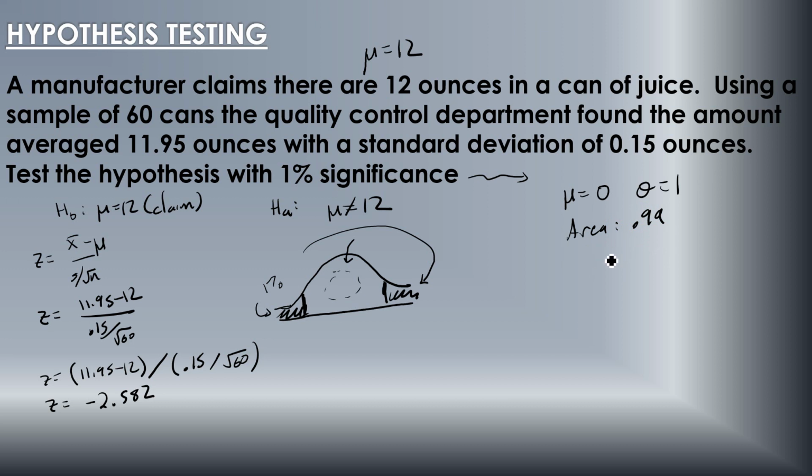And we would go ahead and put that in central. We want central, and we're going to get two z-scores. We're going to get negative 2.576 and 2.576.